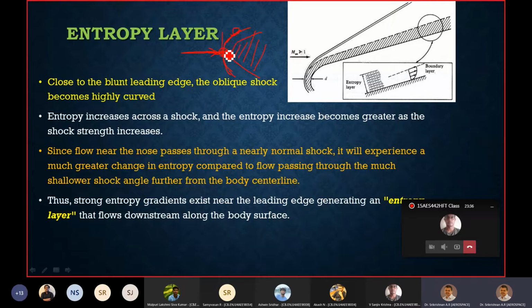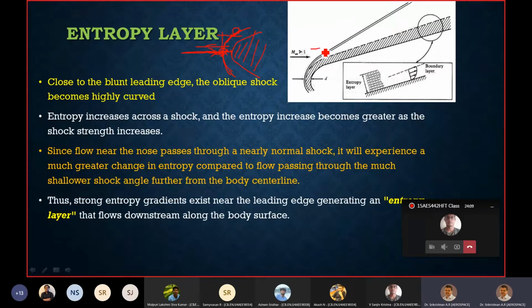This means that the streamlines which go through the normal shock will have a higher increase in entropy. The streamlines which go through an oblique shock region will have a lower increase in entropy. I hope that is clear. That is, streamlines along the center are going through a normal shock, so they will suffer a higher increase in entropy.